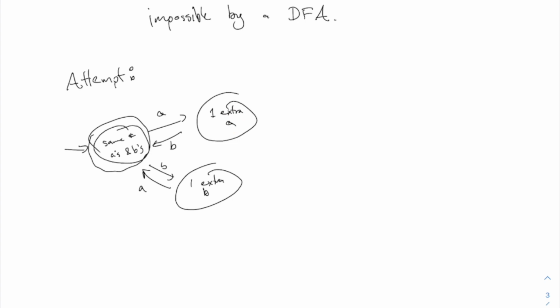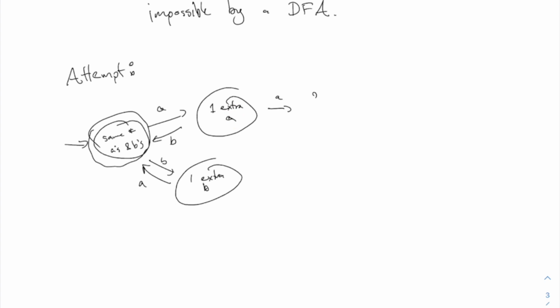So I would have to make a new state for that, 2 extra A's, with a B that goes back like that. If I had 2 extra A's and I see a B, then there's only 1 extra A. But if you really want to make this work, you have to go like this forever, and similarly here.